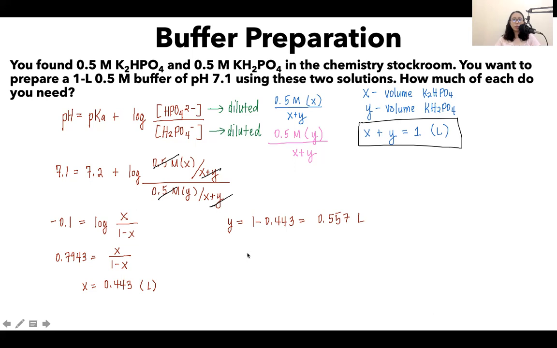We need to mix 443 ml of 0.5 molar K2HPO4 and 557 ml of 0.5 molar KH2PO4.